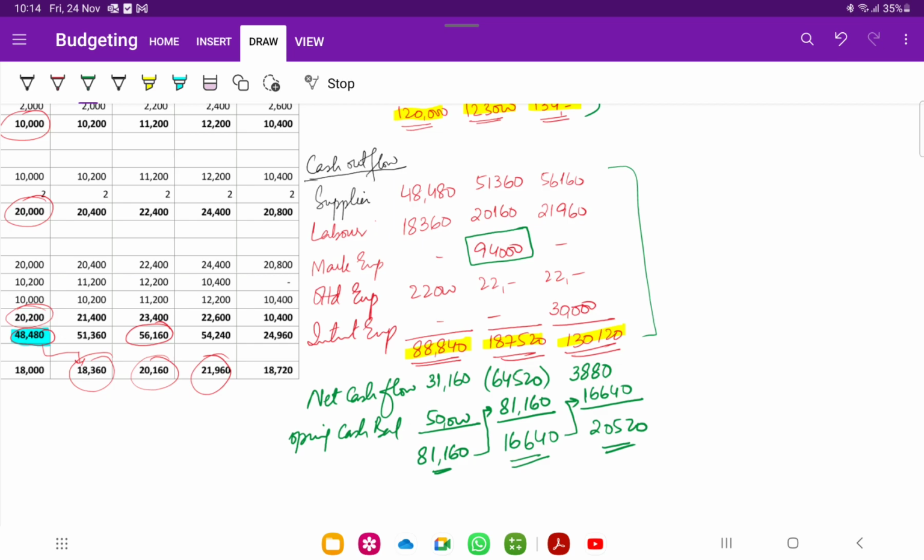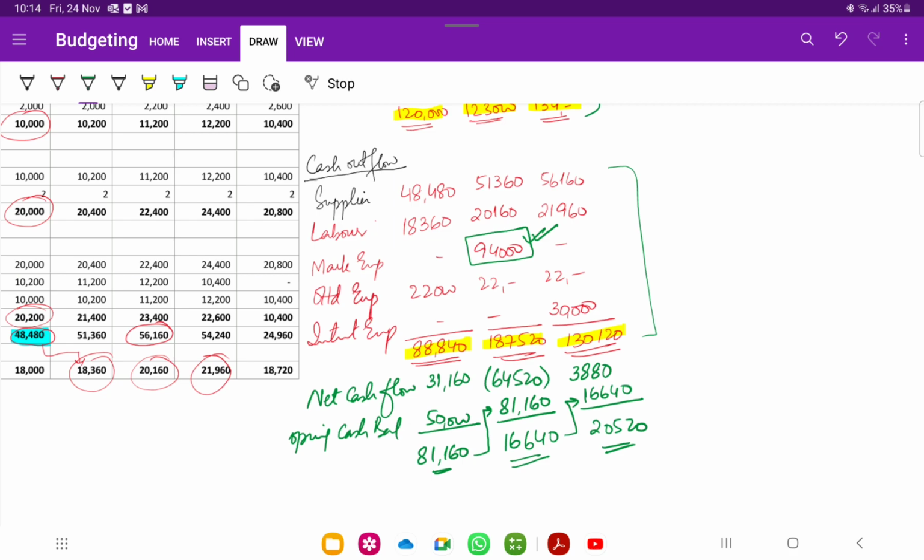Maybe you ask your customers to pay earlier by giving them discounts, or maybe you inform your supplier that, for example, in August you will make only a 50% payment and the rest in the next month, or whatever strategies you want to apply. Or maybe you don't want to spend 94,000 in September, and you compromise on that. Whatever strategy the company makes, that is the basic objective of cash budgets.